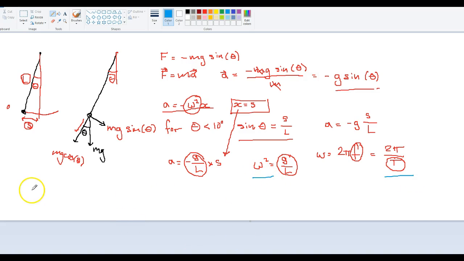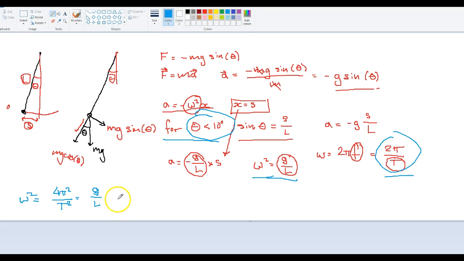So omega squared is equal to, we square this expression here, 4 pi squared over T squared, which we now know from here is G over L. But remember, this is only for angles of theta less than 10 degrees. So when you perform this practical, make sure that you're not going any further than that 10 degree angle.